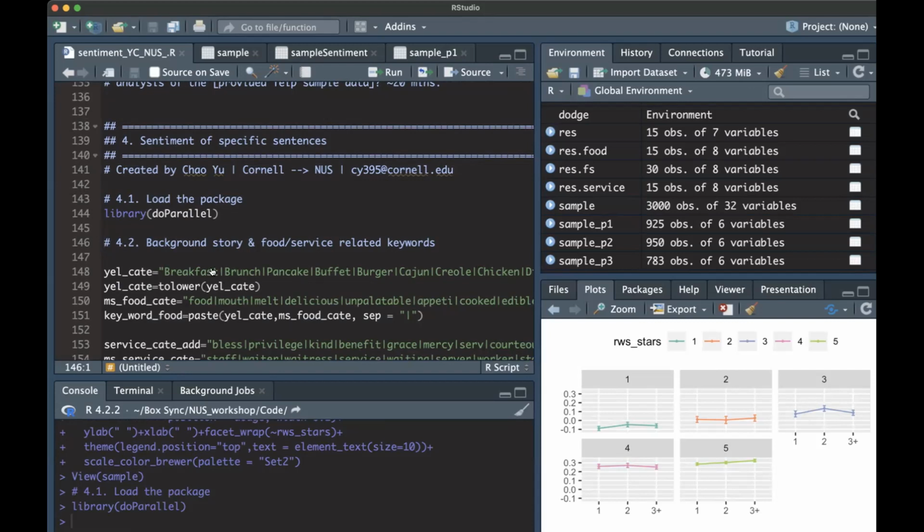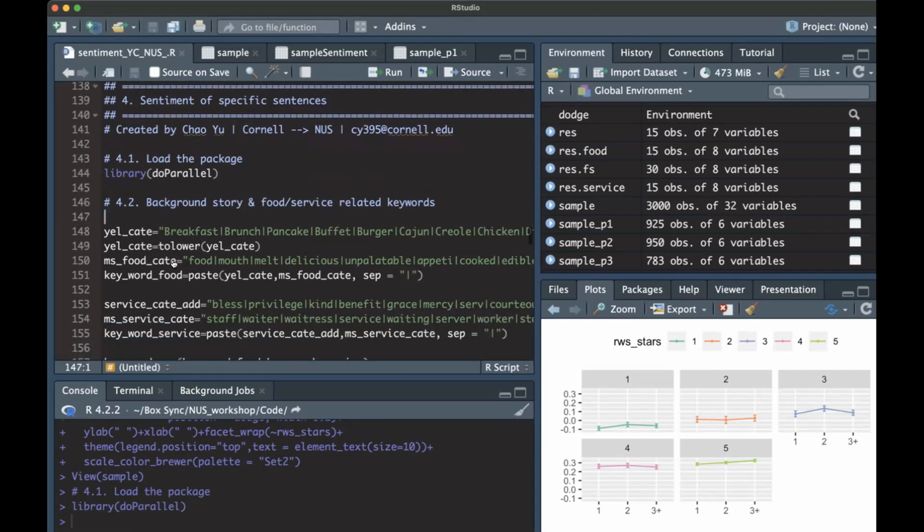So briefly, the background story is that here I want to measure the sentiment of sentences related to food and service among the reviews toward restaurants. And obviously, you want to come up with a few keywords that are related to food or service or whatever aspects you are interested in checking.